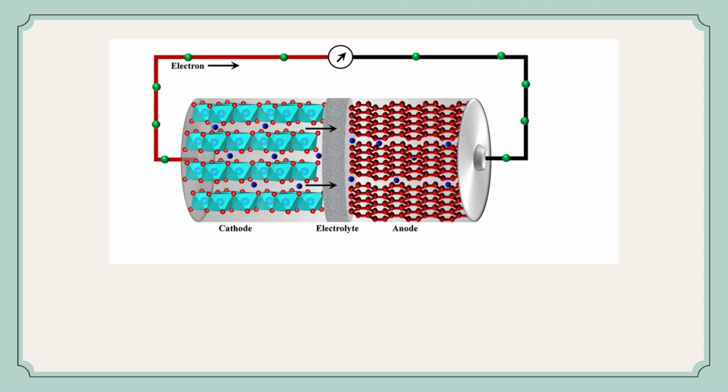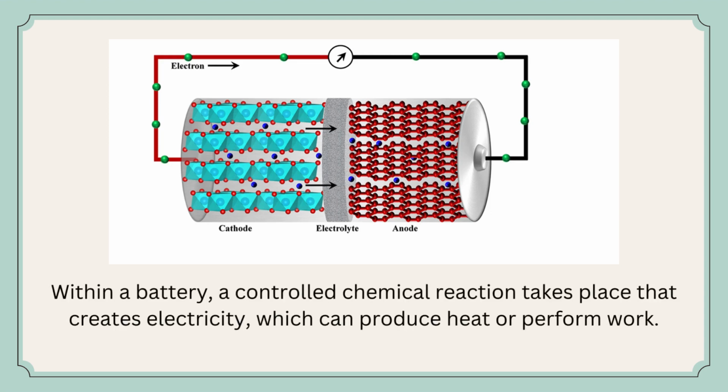Now, this is specifically defined as within a battery, a controlled chemical reaction takes place that creates electricity, which can produce heat or perform work, as we've seen before with the definition of energy.